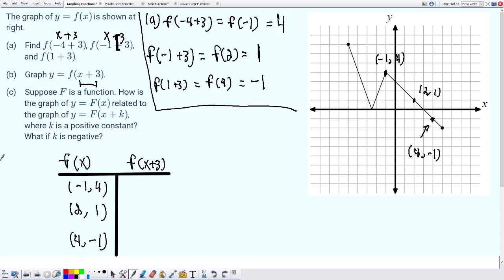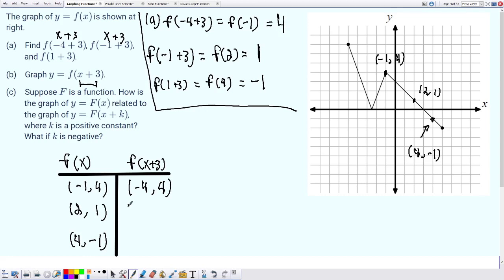Okay, so in negative 4 plus 3, our x was negative 4. So if we were to graph that function, we'd have to make sure we were using the x value of negative 4. But our output was the same as what f of negative 1 was, which was positive 4.